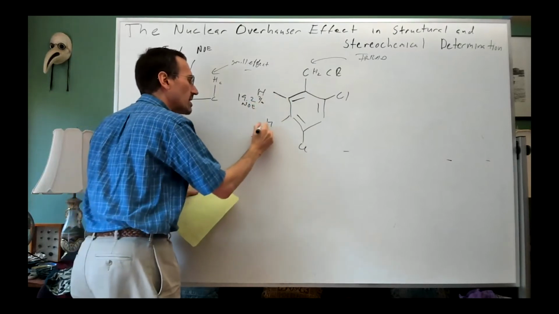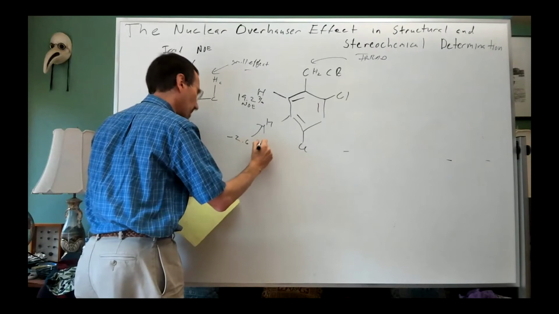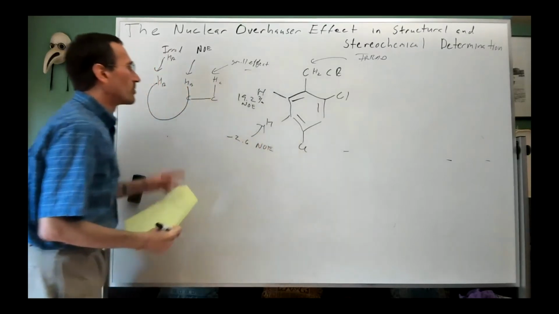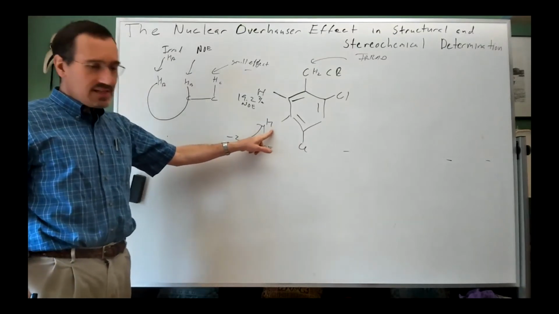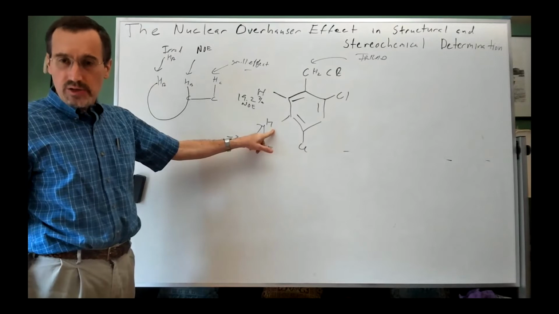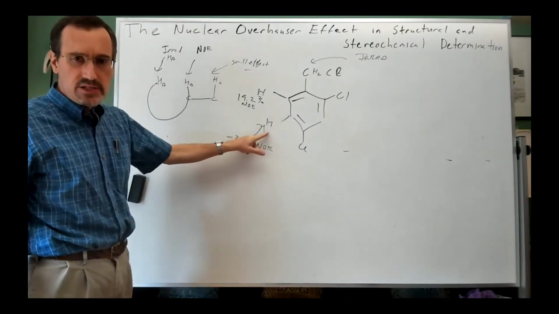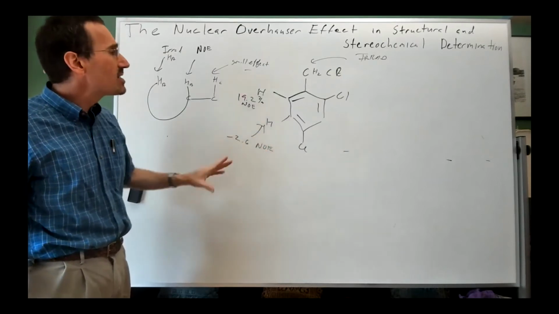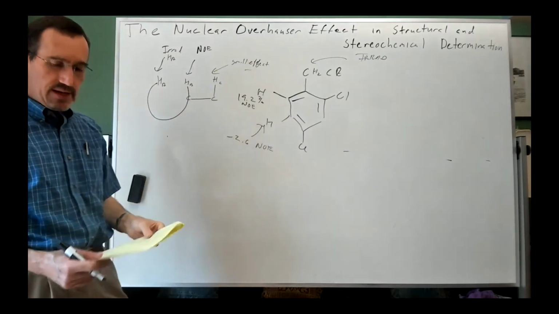But you also get a small effect in HB. You get a negative 2.6% NOE by this type of relay effect here. So quantitatively, this is an order of magnitude smaller. In other words, it's not a huge effect, but it's something that you might notice if you do a good job and you'd wonder what's going on. And so again, this becomes, be careful in interpreting your data.